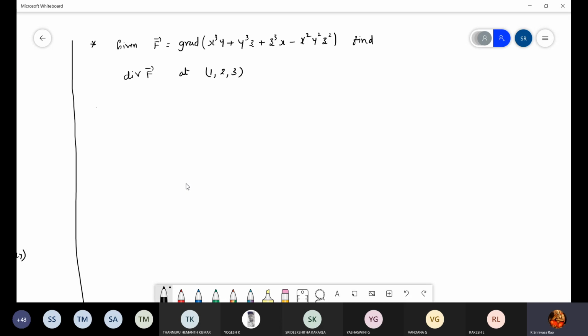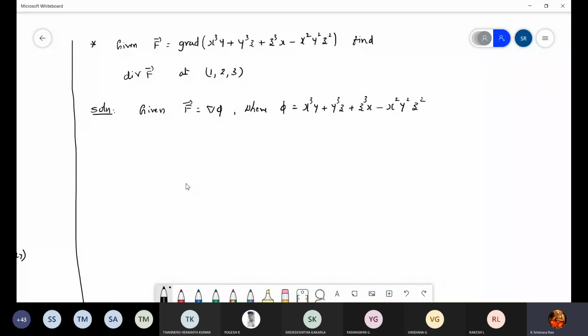Solution: given f equals grad phi, del phi, where phi equals x cube y plus y cube z plus z cube x minus x square y square z square.